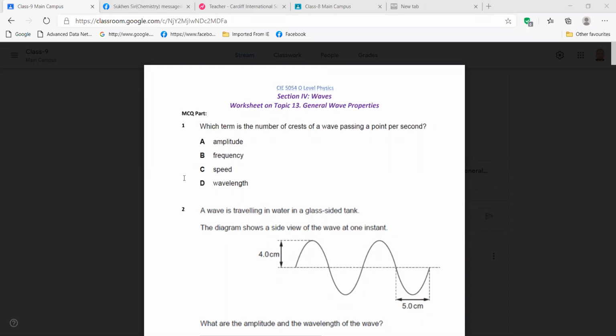Can you remember the definition of frequency? Let Jawad say the definition of frequency. This note we gave in class and you were present. I hope it's written in your copy. Qazi Jawad, what is the definition of frequency?